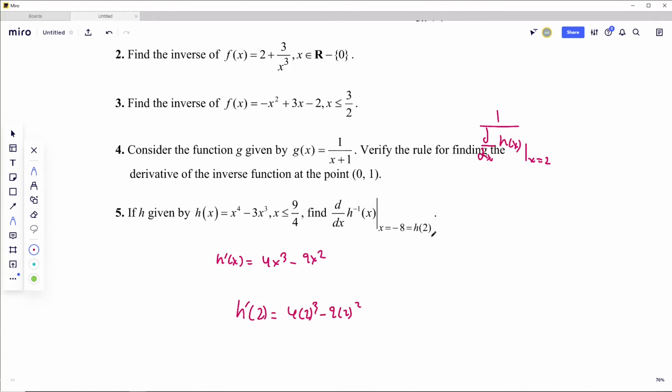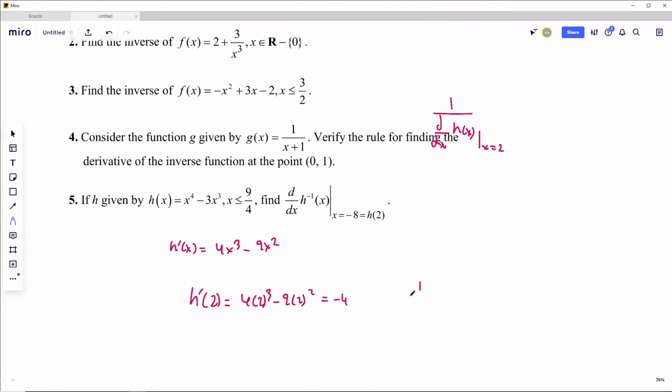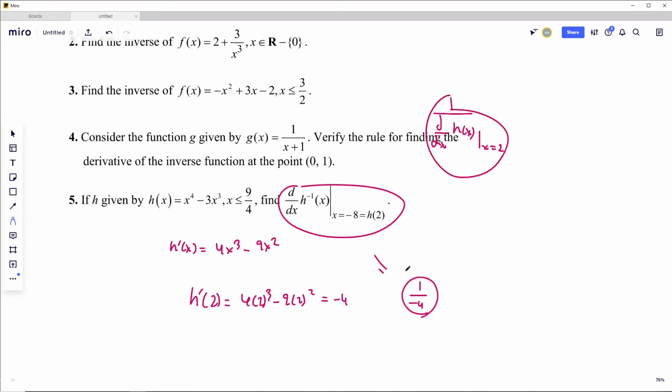Let's do this instantly: 4 times 2 to the power of 3 minus 9 times 2 to the power of 2. You get minus 4. And so it's just 1 over minus 4. This entire thing is minus 1 over 4, all I did was just 1 over. So that's it pretty much.